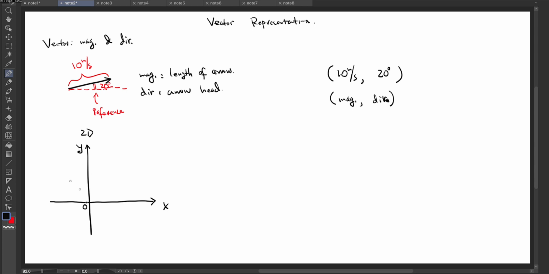The origin is here, that's O. And if I draw an arrow, like in the previous picture, and I have the magnitude, let's say 10 meters per second, and then the angle here is 20 degrees with respect to this x-axis, now acting as a reference direction. Then I have the representation that I described earlier.